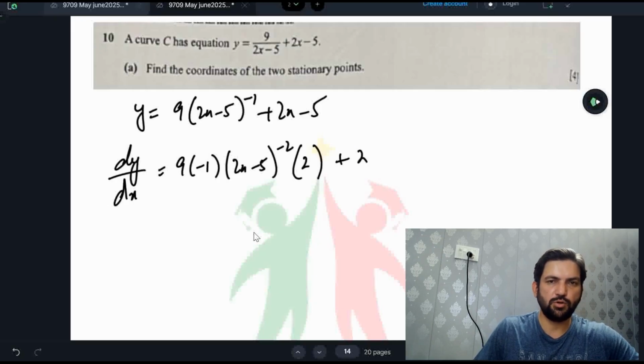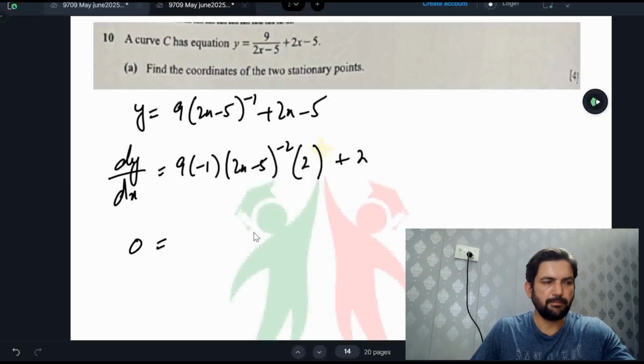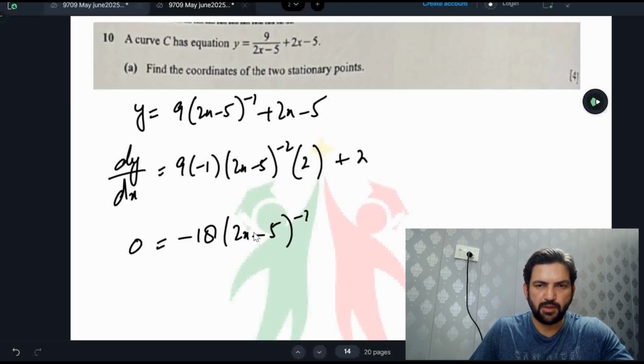For a stationary point it should be equal to 0. So minus 18 (2x minus 5) to the power minus 2, plus 2 equals 0.